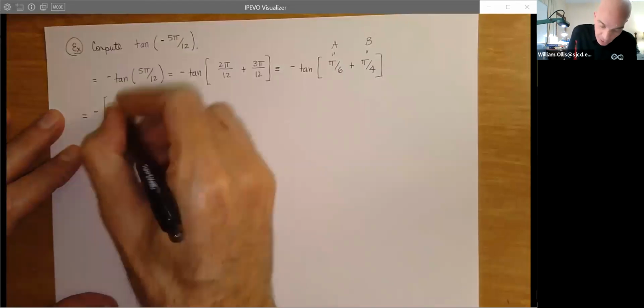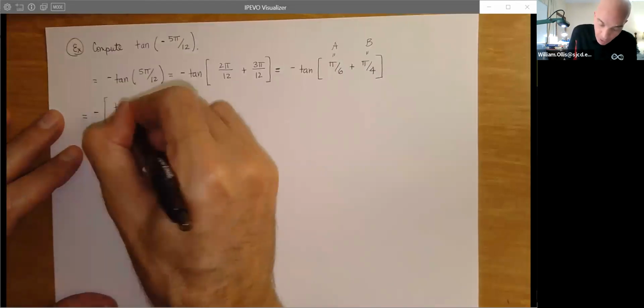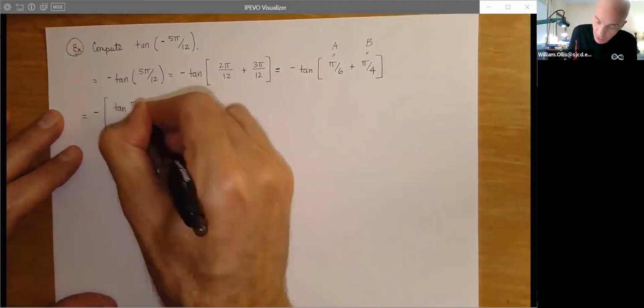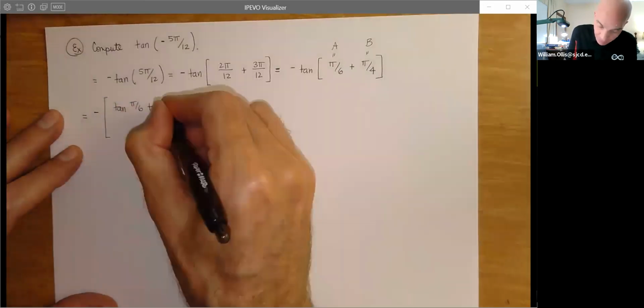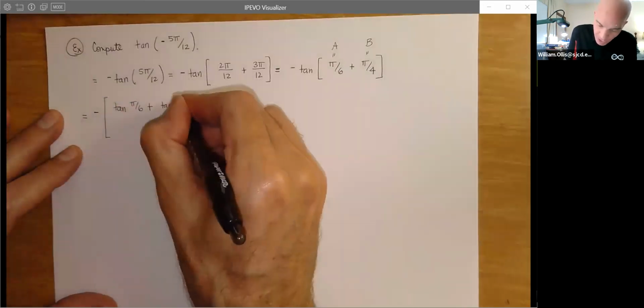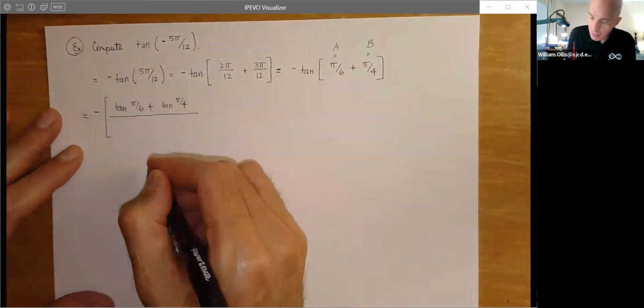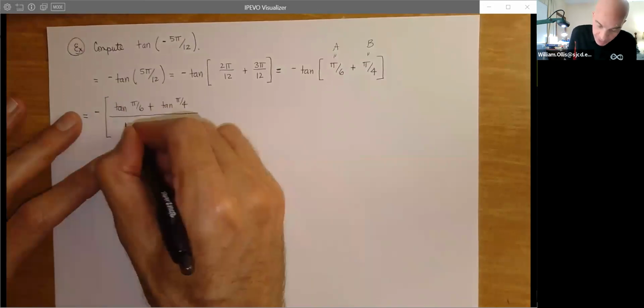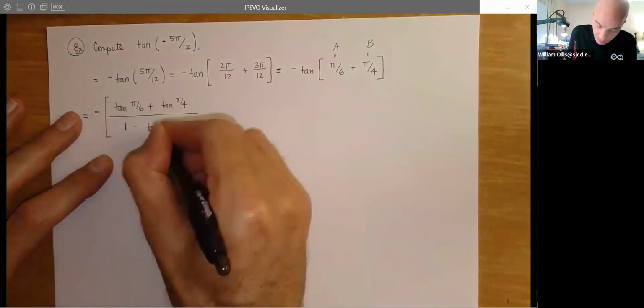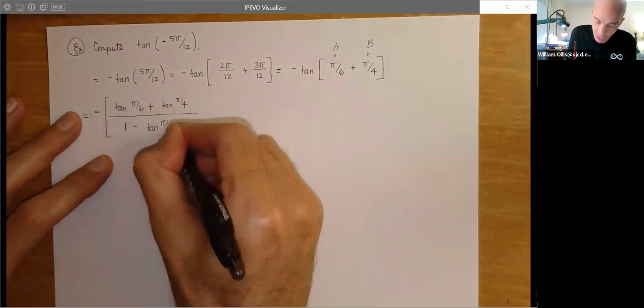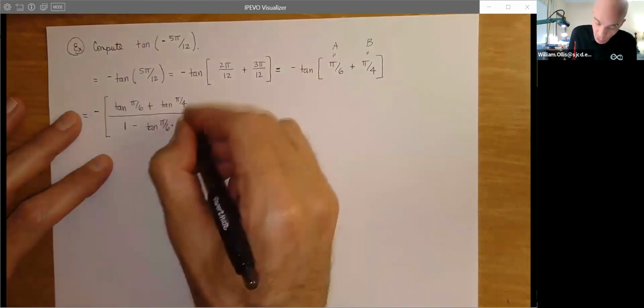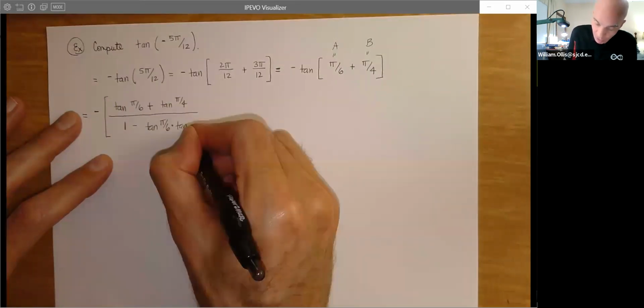So we have tangent of pi over 6 plus tangent of pi over 4. I mean, this is just straightforward substitution, nothing too complicated here. And then 1 minus tangent pi over 6, juxtapose, I put a little dot there to remind you what you're doing, tangent of pi over 4.